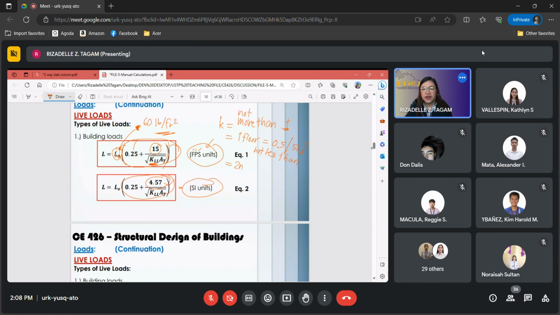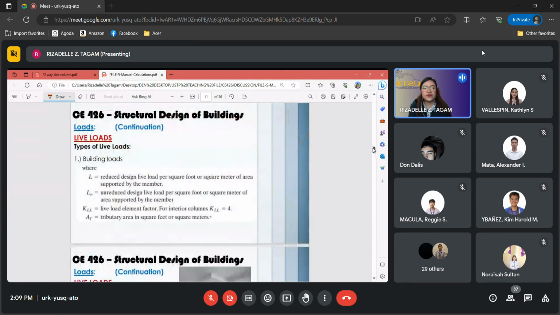And for members carrying 2 floors or more, that is 0.4, not less than 0.4 or 40% reduction.